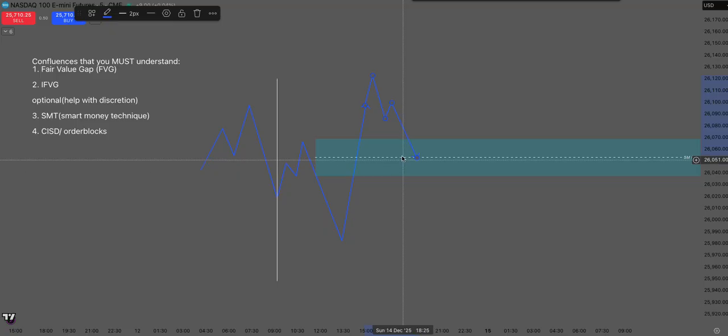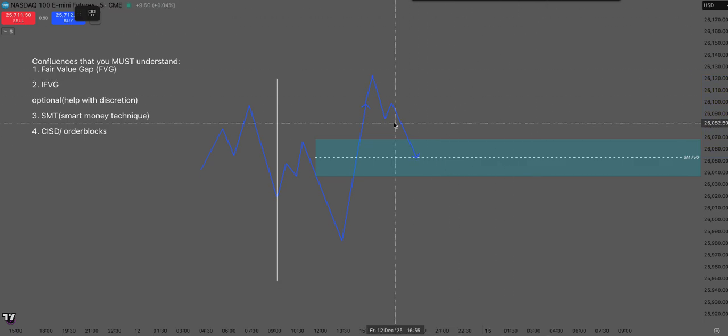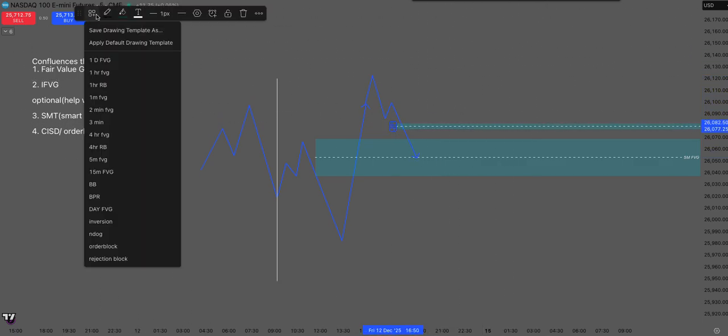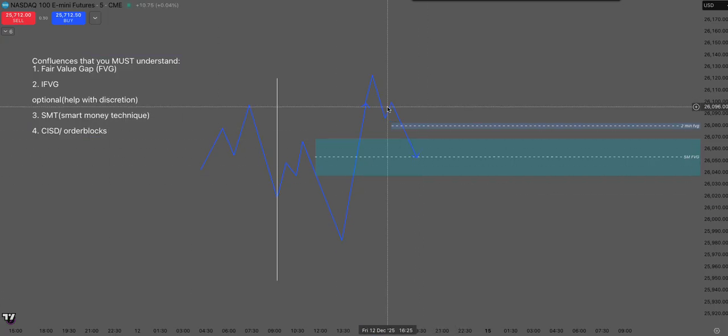We come into it. All we're looking for is the highest time frame inversion out of this. That is all. So let's say we come down here and then we form a 2-minute FVG while retracing. All you're waiting for next, quite simply, is a 2-minute inversion.